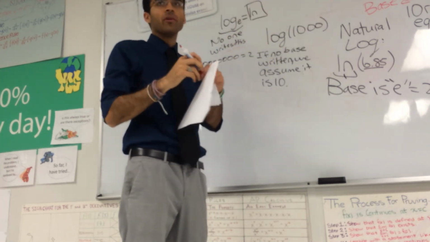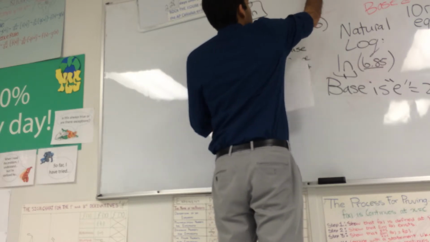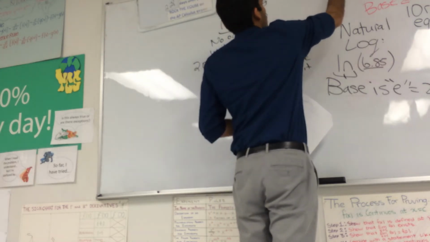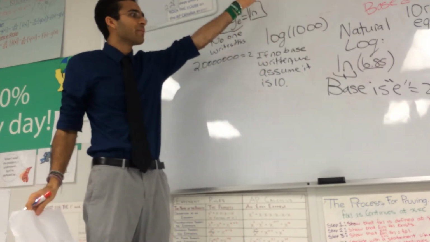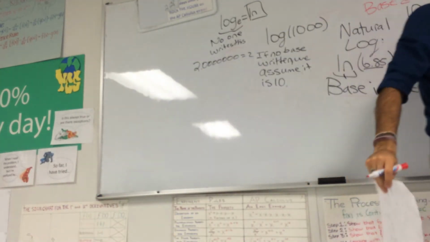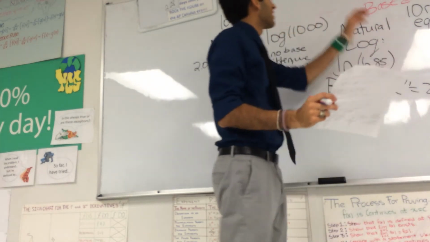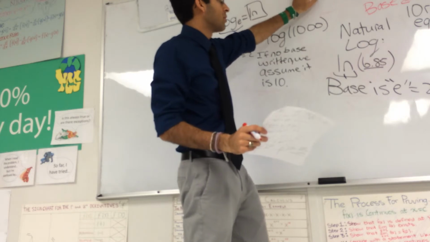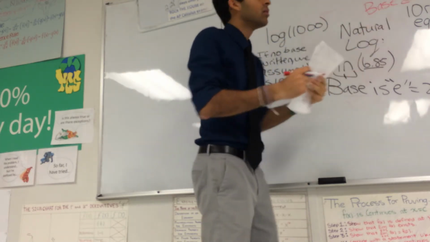Number 23 says the following. 5 raised to the negative 2 equals 1 over 25. Okay, this is a true statement. Remember, negative power, you come downstairs. But they're asking us to write this in log form. Daniel?